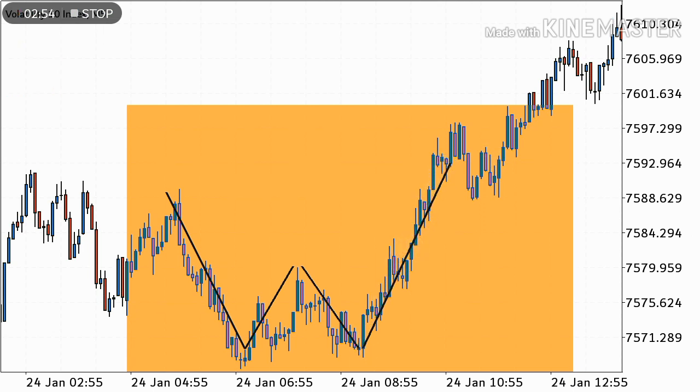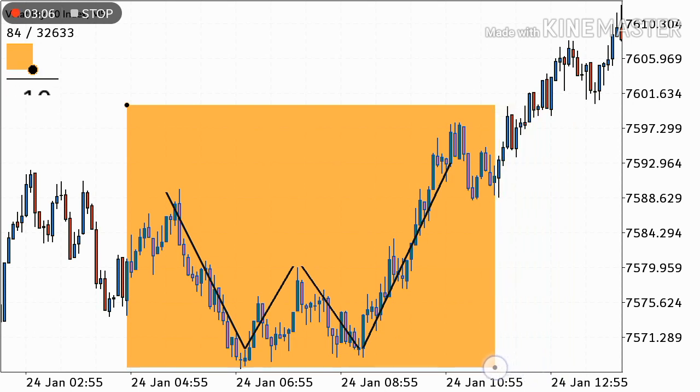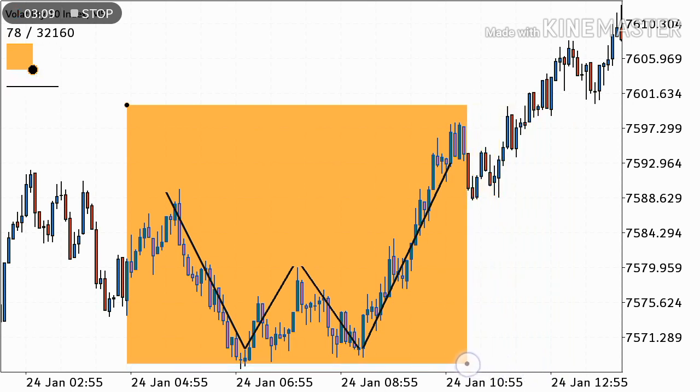Look guys, this W is very awesome and very clear. As I told you at the start, W is always a buy signal, a buy trade. Once you see a W chart pattern, always buy.